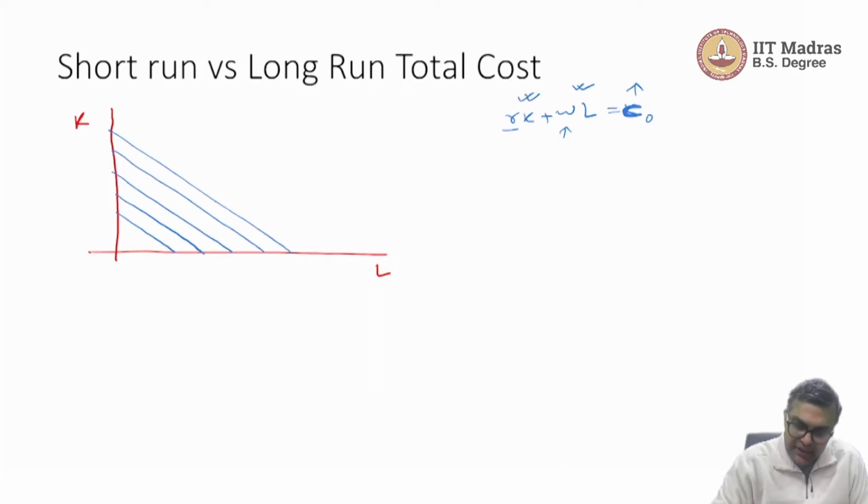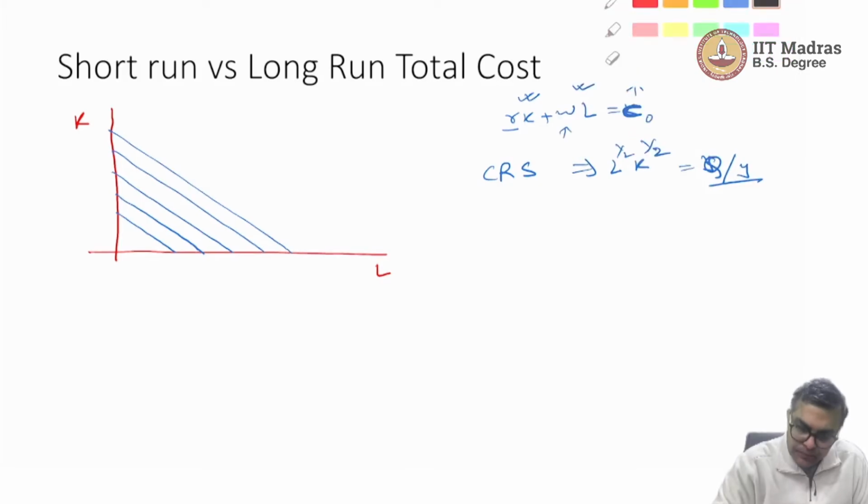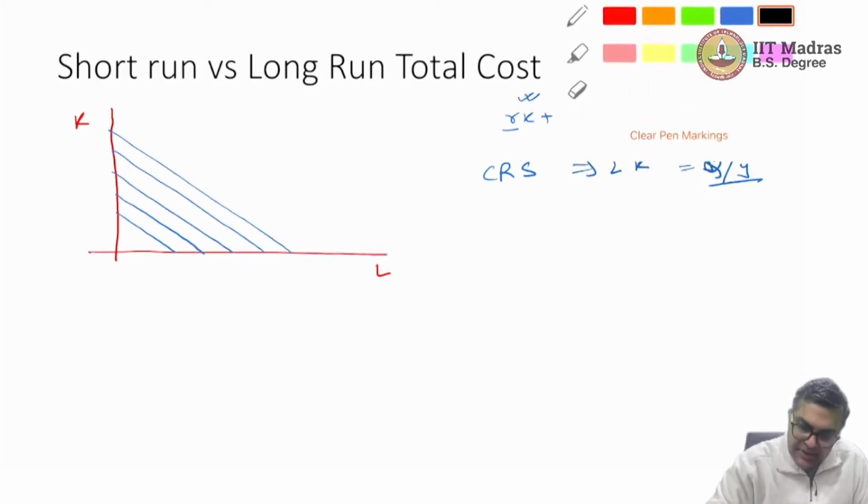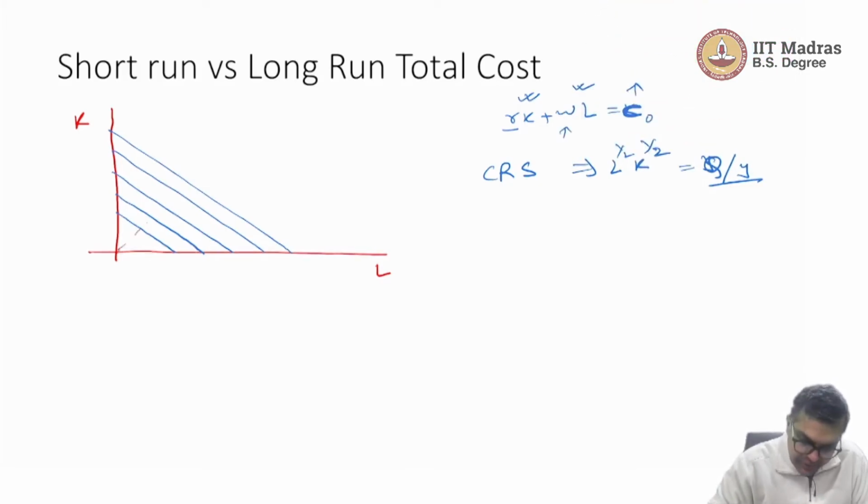So let us again take a constant returns to scale Cobb-Douglas function. Let us say, for example, K to the power half and L to the power half. This gives us the output Q or Y, whichever way you want. Let me draw this, and we are drawing some, not all.